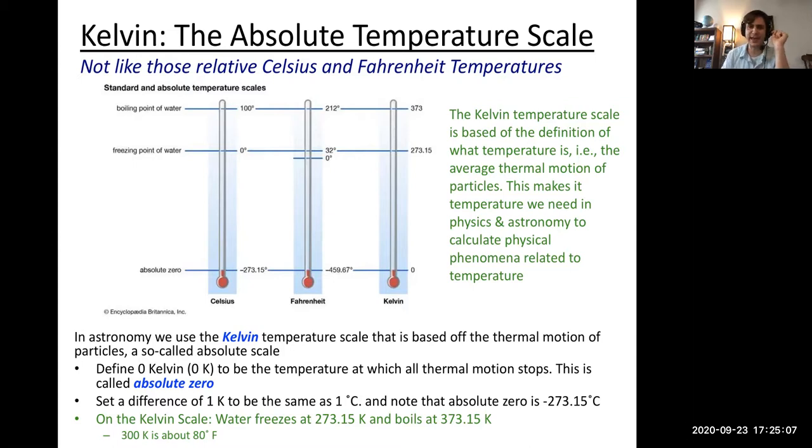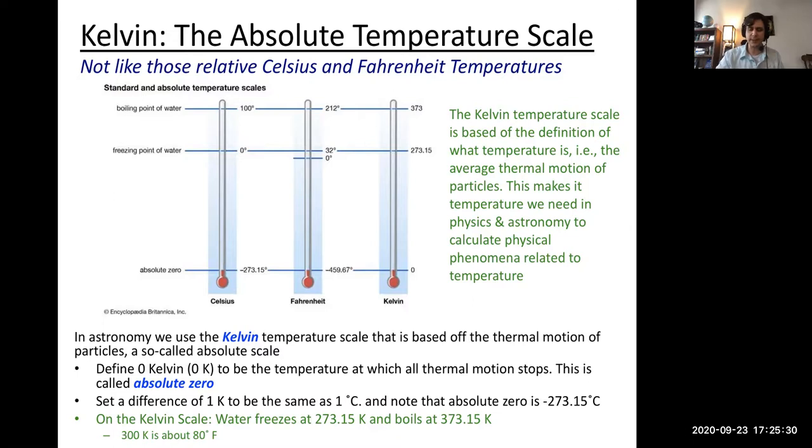Let's define that as our 0 point of a temperature scale based on the average motion of particles. That is what we call absolute zero. And for the Kelvin scale, that is 0 Kelvin. It is a theoretical limit. We can't actually make anything that cold.